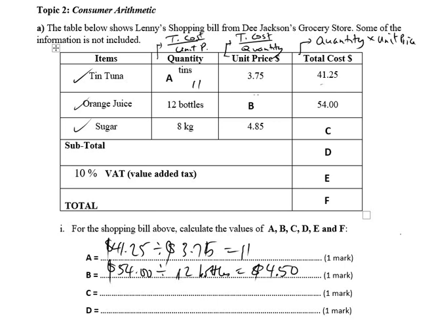Okay, now let's look at the next one in terms of C. C is the total cost after purchasing 8 kilograms of sugar at $4.85 per kilogram. So to find that total, we're going to multiply. So it's going to be 8 kilograms multiplied by $4.85 per kilogram of sugar. Kilograms will cancel out kilogram, leaving us with just the dollar sign there.